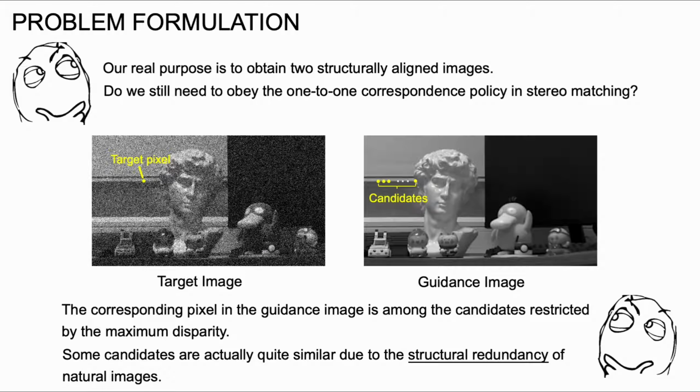Now, let's review our original purpose. Since our real purpose is to obtain two structurally aligned images, do we still need to obey the one-to-one correspondence policy in stereo matching? For each target pixel, stereo matching aims to find one corresponding pixel from the other view among the candidates restricted by the maximum disparity. Due to the structural redundancy of natural images, some candidates can be quite similar to each other.